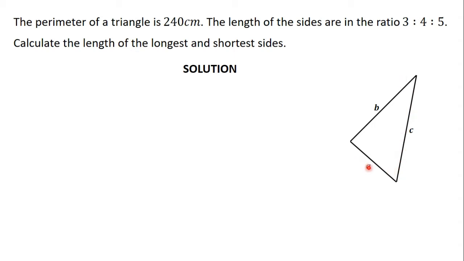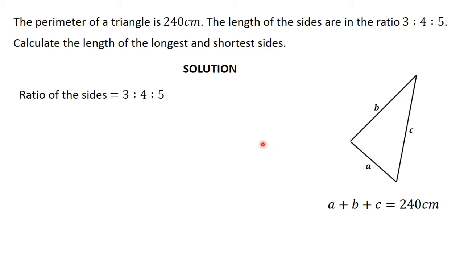The shortest side is A, the longest side is C, and the other side is B. So the perimeter of this triangle will be equal to A plus B plus C, and that will give us 240 centimeters.